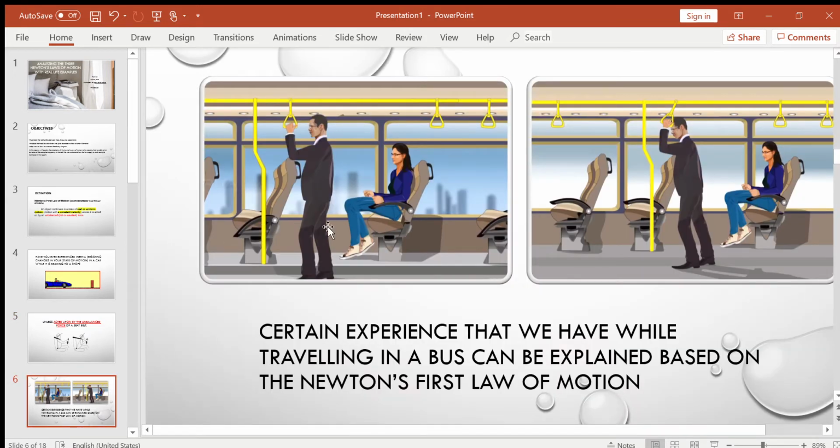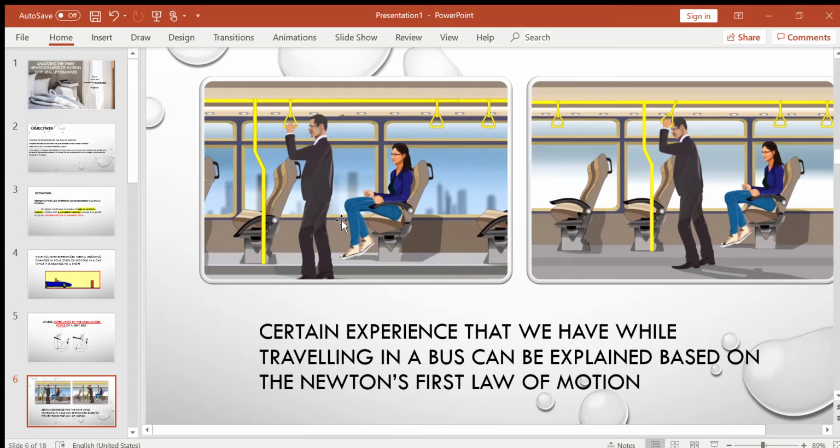So moving on, there is another example. Have you ever had an experience while traveling on a bus that can be explained based on Newton's first law of motion? When we are on a bus, if the driver stops immediately, we will easily fall forward.